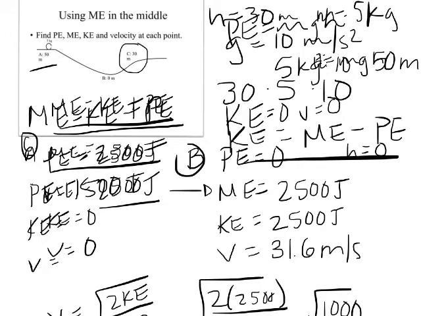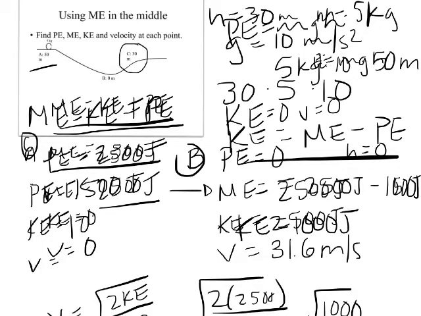Okay, so we're going to have 2,500 joules minus 1,500,000 joules, which leaves you with KE being 1,000 joules.